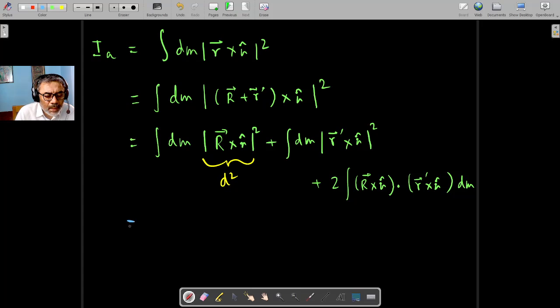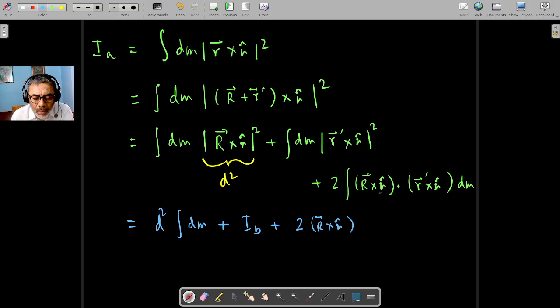So we get d square integral dm, plus this is IB, and then here let us rewrite 2 (R cross n), this is a constant, goes out of the integration, dot (r dash cross n) dm.